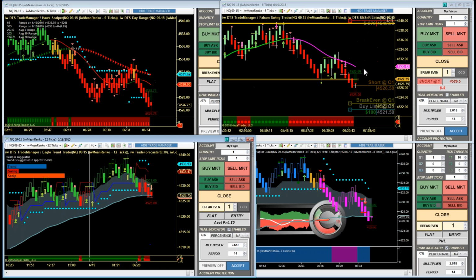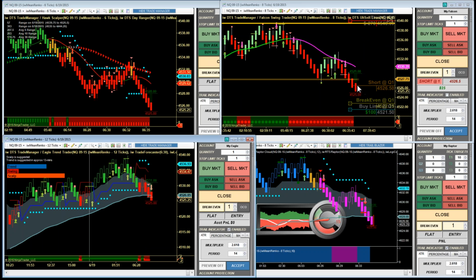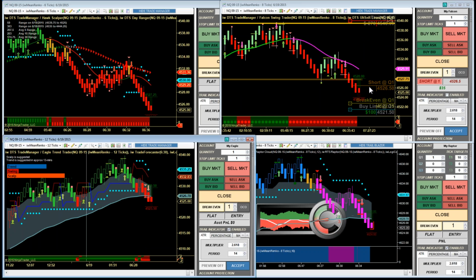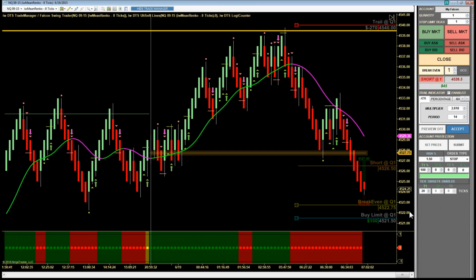But we'll see. It's only a swing trade. Maybe we can sneak a couple of dollars out of this. If nothing else, once the buyers, or pardon me, the sellers show me where they're at, I'll be able to roll my stops. So we're just about almost to our break even.